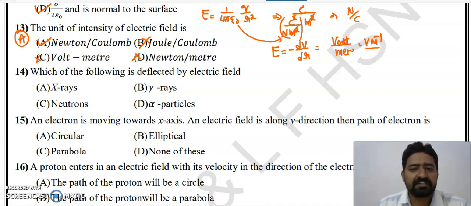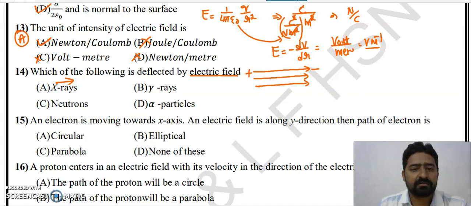Which of the following is deflected by the electric field? This is the electric field, starting from positive and terminating on negative. X-rays move in a straight direction without deviation.